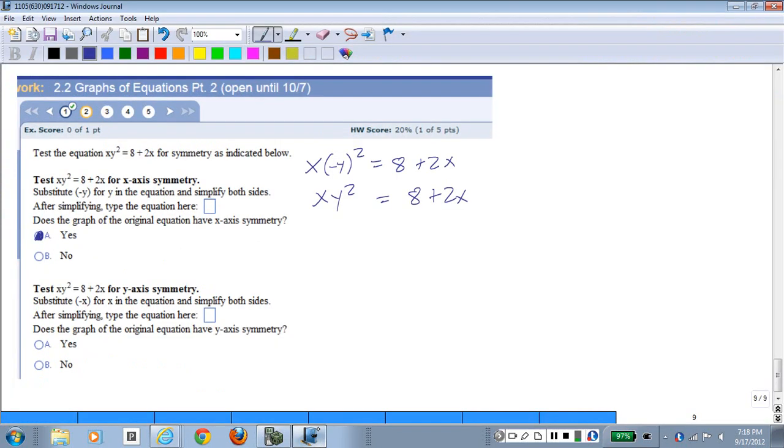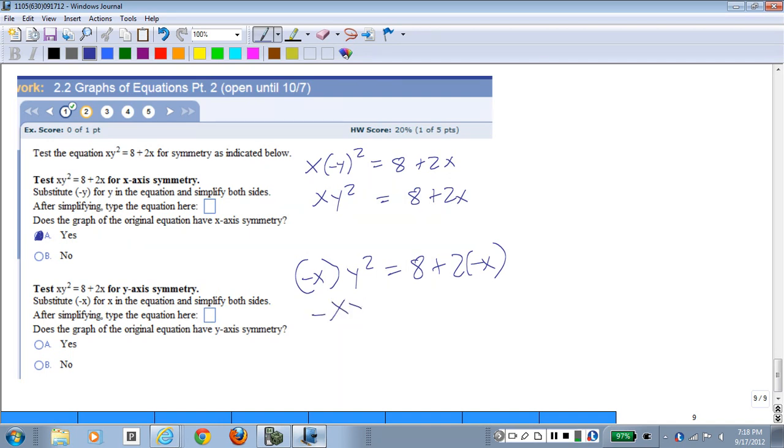For the y-axis symmetry, I'm less optimistic. If we substitute negative x for x, it looks like maybe there's some hope because we get negative on the left and a little bit of negative on the right, but not enough negative on the right.